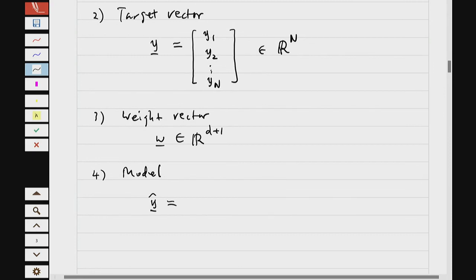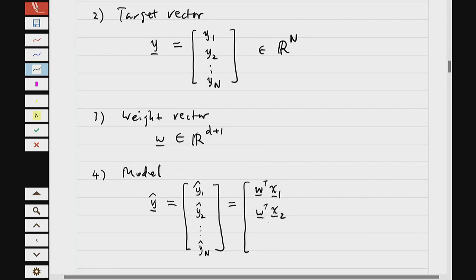Y hat is this vector, of course, just the collection of y1 hat, y2 hat, to yn hat. These are the predicted values. And we know that by our definition, these are the inner products or dot products between the weight and the corresponding data features. Just like that.